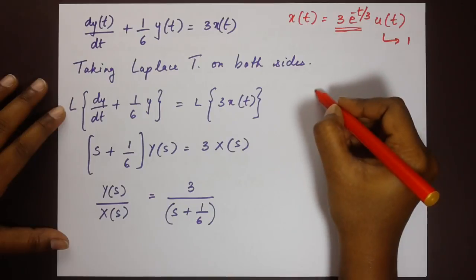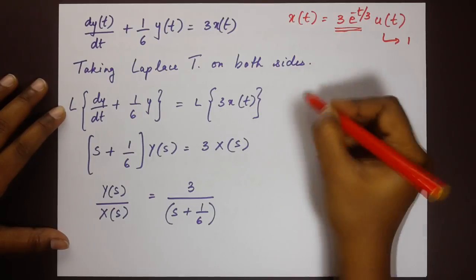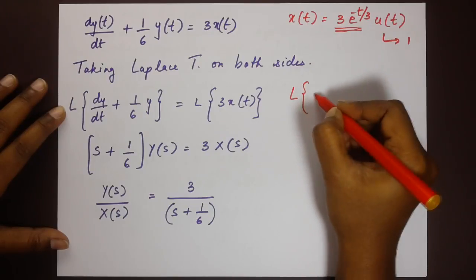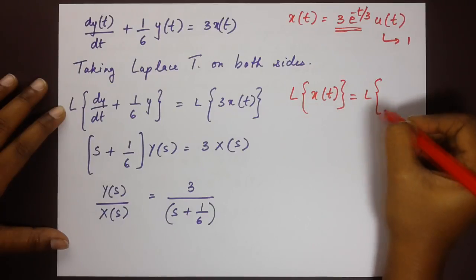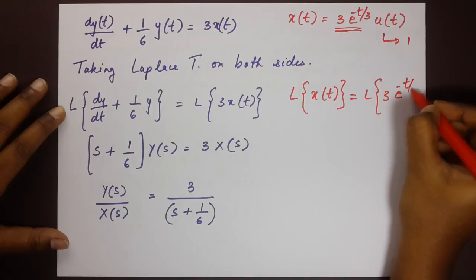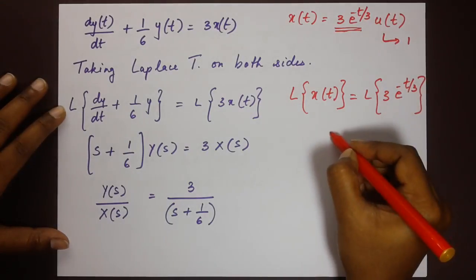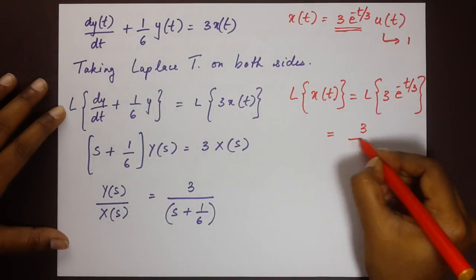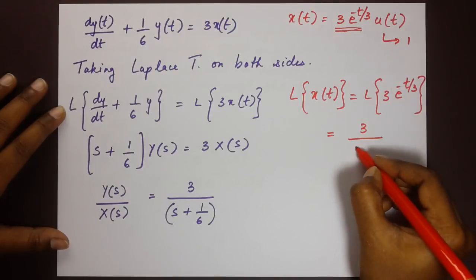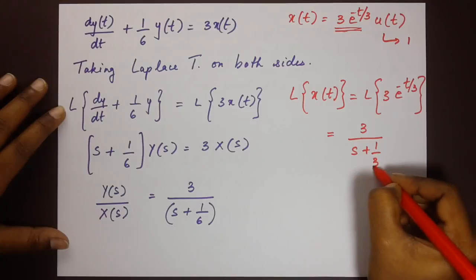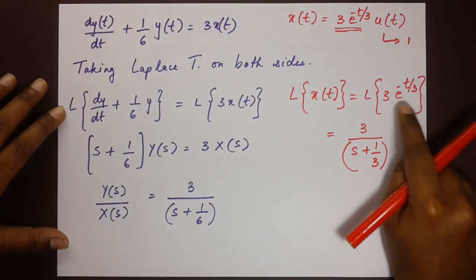Applying Laplace to this, the Laplace of the input x(t) is the Laplace of 3e^(-t/3), which would be 3 divided by (s + 1/3).